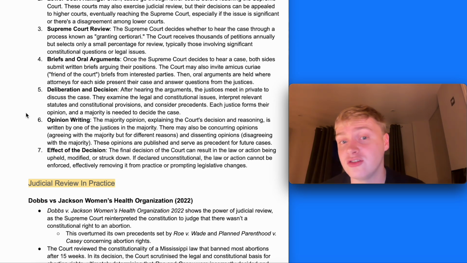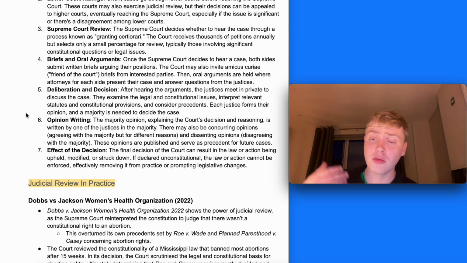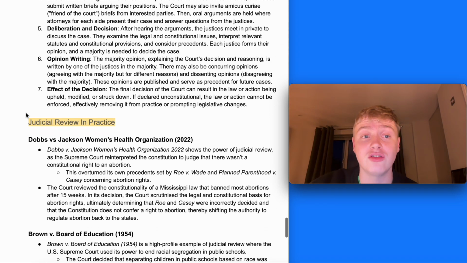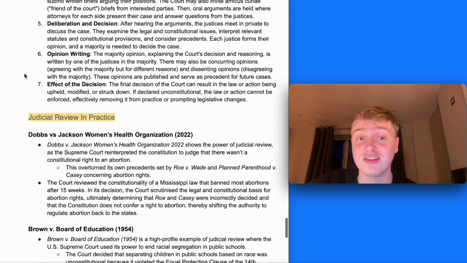After hearing the arguments, the judges meet in private to discuss and deliberate on the case. They examine legal and constitutional issues, interpret relevant statutes and constitutional provisions, and consider precedents. Each justice forms their opinion, and a majority is needed to decide the case. The majority opinion, explaining the court's decision and reasoning, is written by one of the justices in the majority.